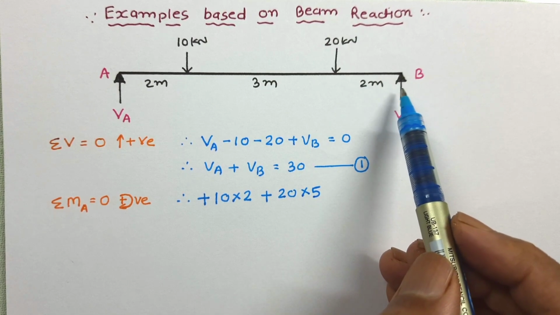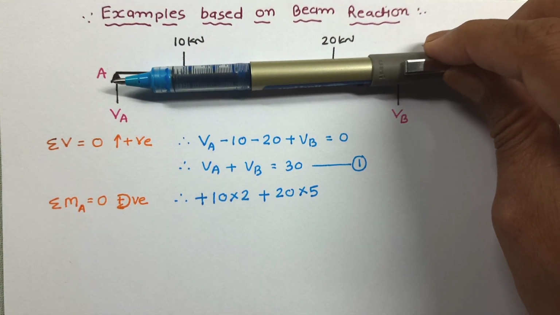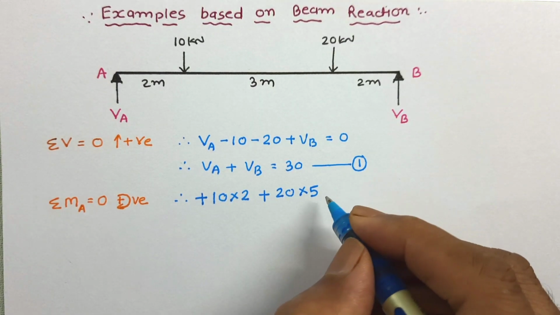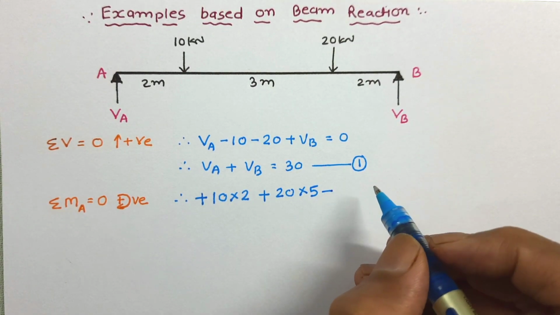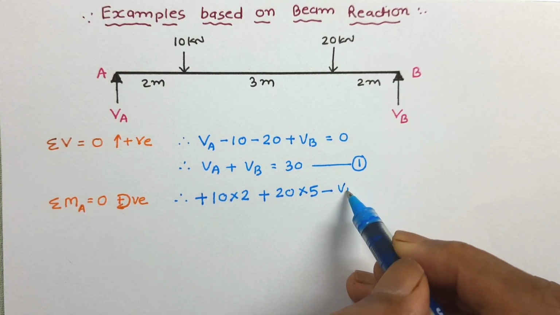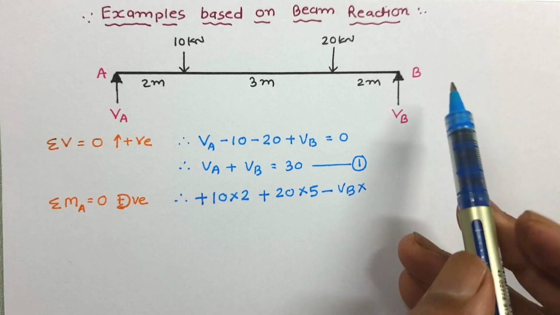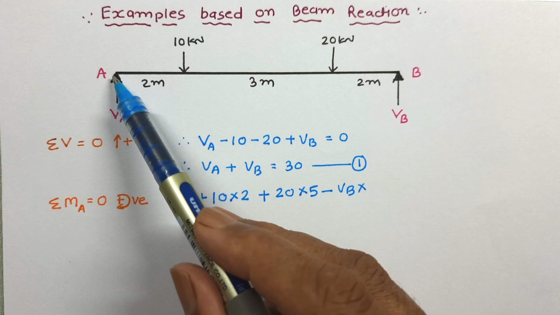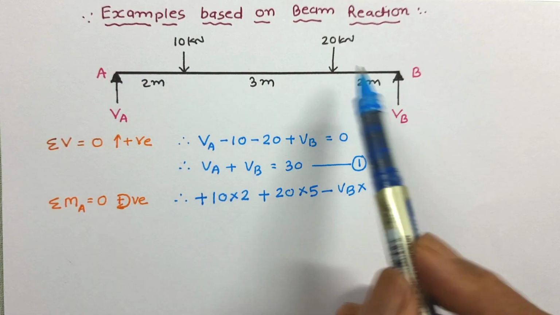Now moment about B point, VB will try to rotate the beam in anti-clockwise direction, so it will be negative. Minus magnitude of force is VB and distance between line of action of this force and point about which we work out moment, that is this much.